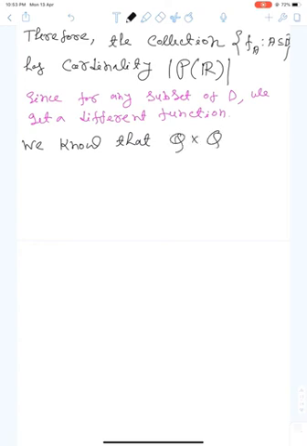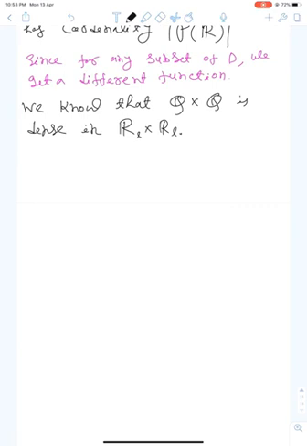Okay. Now in the other way, we know that Q cross Q is dense in RL cross RL, right? Now RL cross RL is first countable, we have seen that, right?